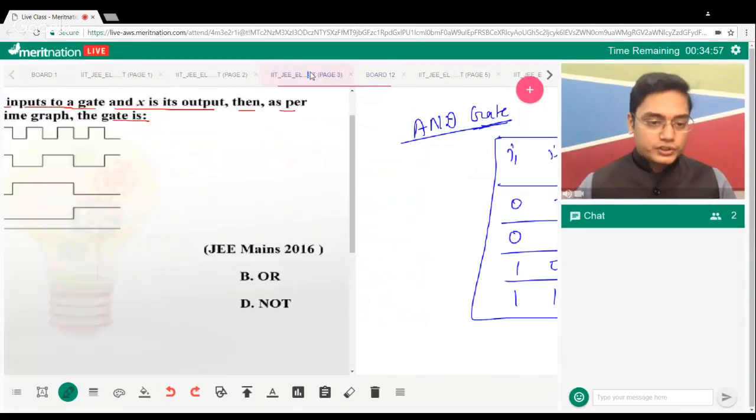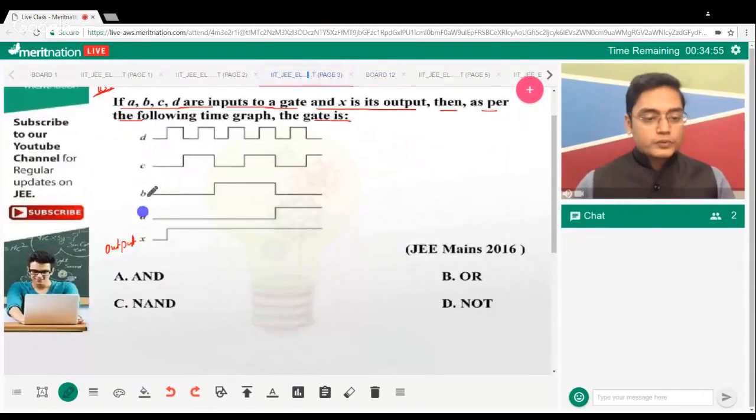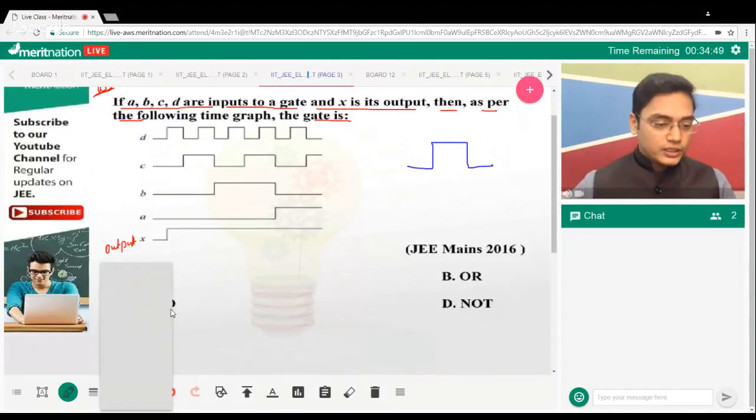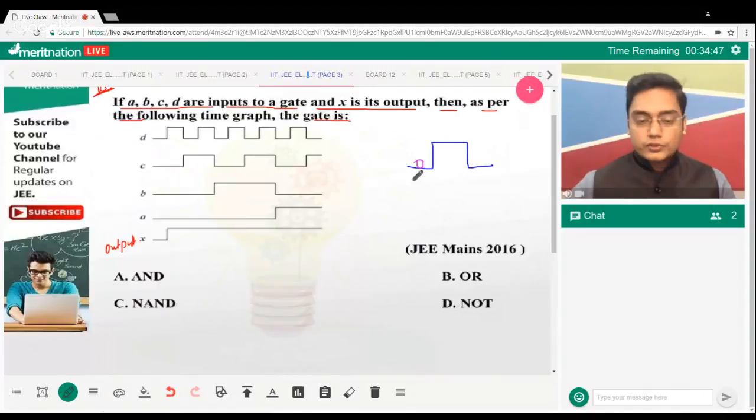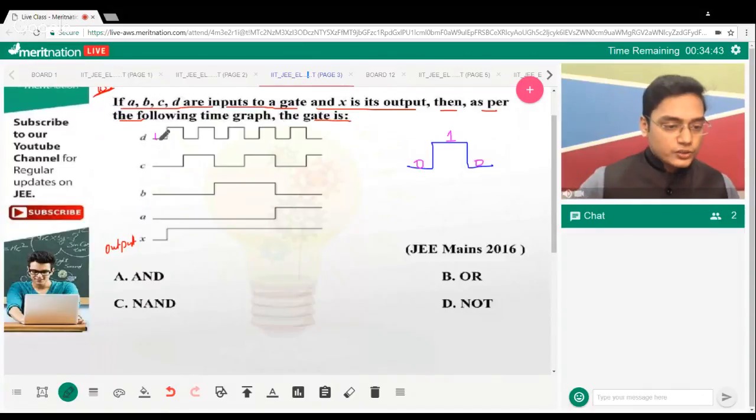Now coming to this question here, 4 inputs A, B, C, and D. Whenever the signal is like this, it is clearly showing that this corresponds to 0 and this corresponds to 1, this corresponds to 0 and so on. So here we can say 0, 1, 0, 1, 0, 1 and so on. Similarly, this is 0, 0, 1, 1, 0, 0, 1, 1 and so on.